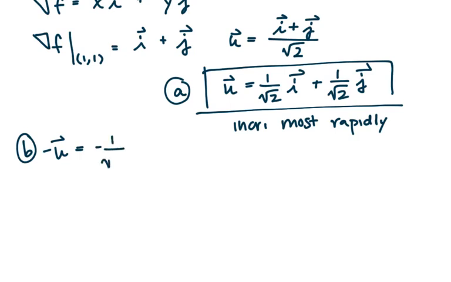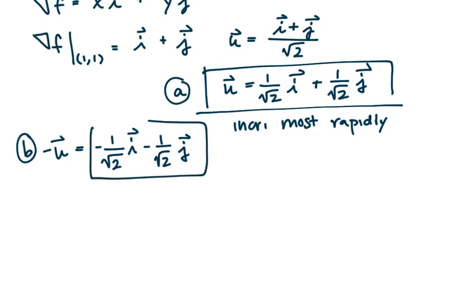So that would be negative 1 over √2 i minus 1 over √2 j. So that's where it is decreasing.